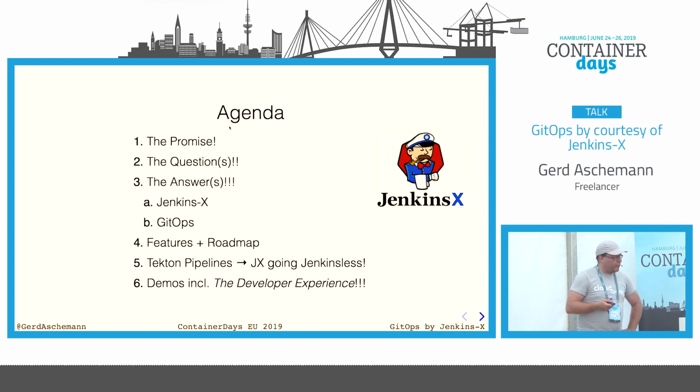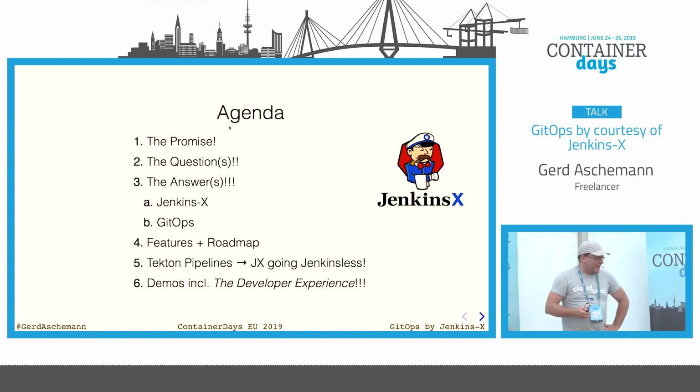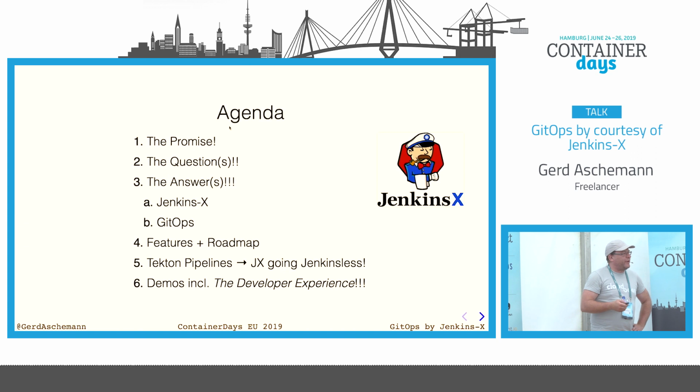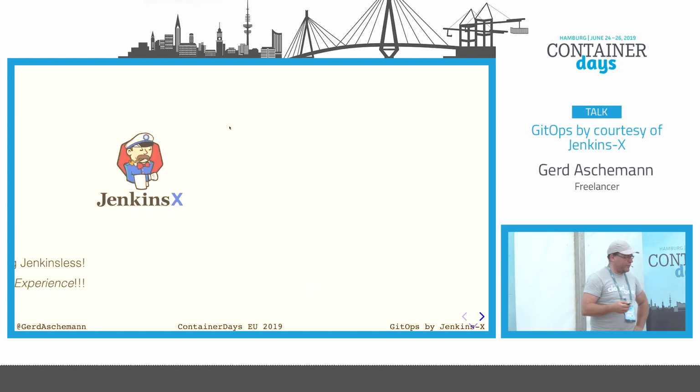There is a tool from Weaveworks which is implementing GitOps, but I will explain it by means of Jenkins-X. It's an opinionated tool which implements GitOps, but also a lot of other things. And then I will give a small overview about the features and the roadmap of Jenkins-X, and I have some demos. And the good news is that this is the last talk, so we have plenty of time, maybe 3 or 4 hours for some demos. I think you just get yourself a beer and make yourself comfortable, and we can have some demos afterwards.